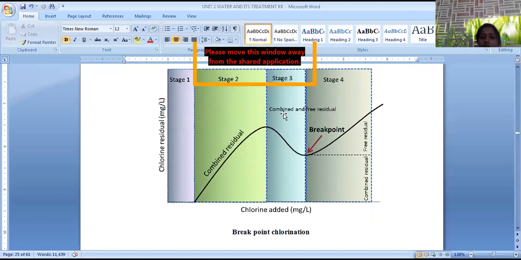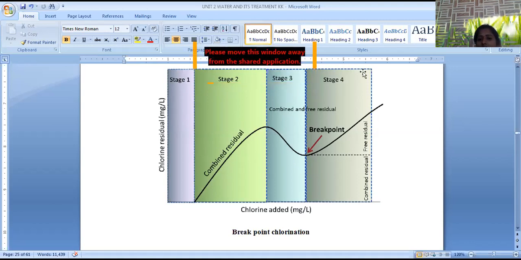So up to this, in stage 1, we are oxidizing reducible impurities. In stage 2, ammonia and its related impurities get converted into chloramines. Stage 3, disinfection or sterilization by killing all pathogenic organisms. Up to this, A grams, B grams and C grams of chlorine is utilized.